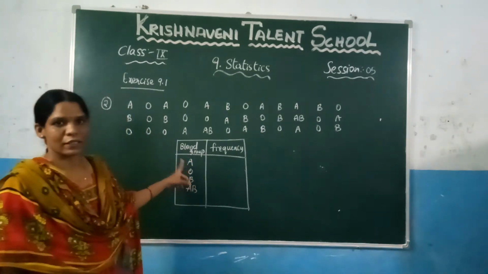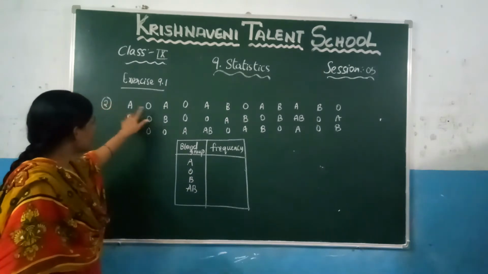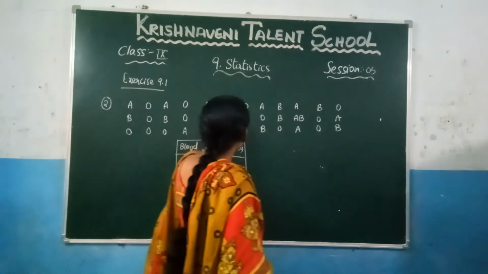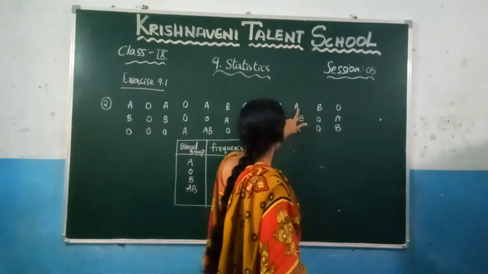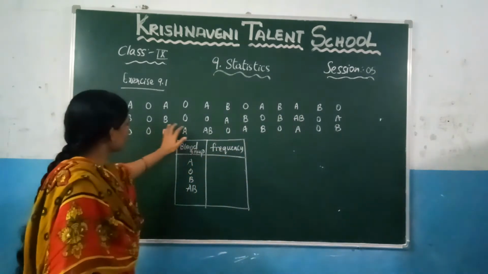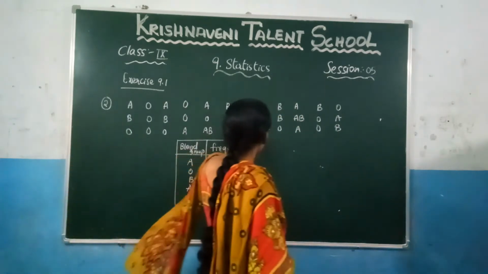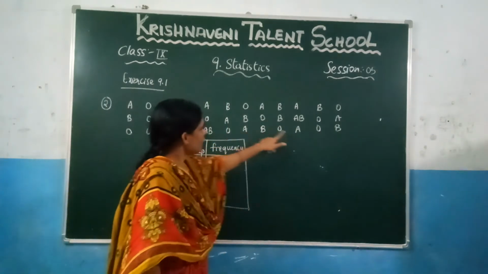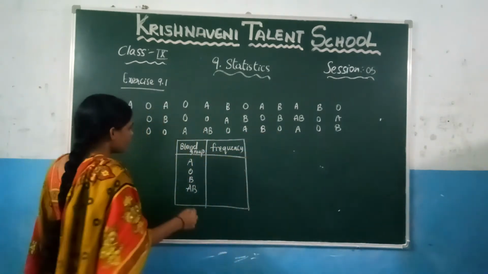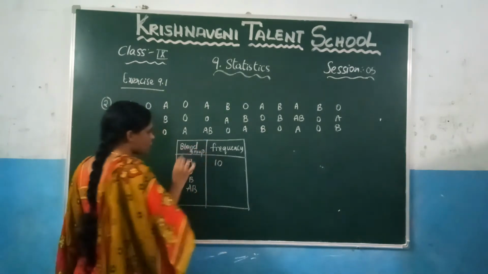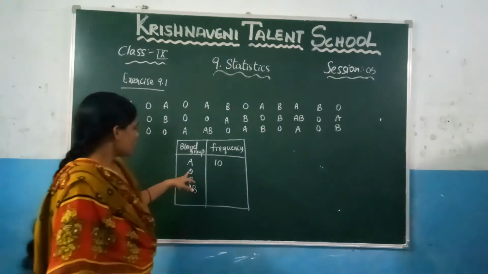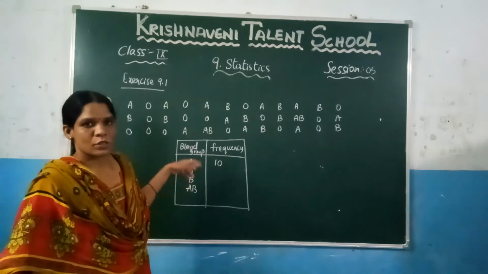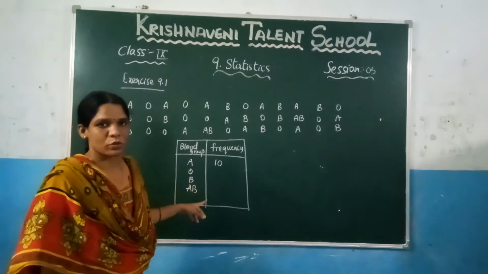Let us count it here. 1, 2, 3, 4, 5, right? 6, 7, 8, 9, 10. Right? 10 students are there who is having the blood group A. Now let us count O. How many students are there who is having the blood group O?